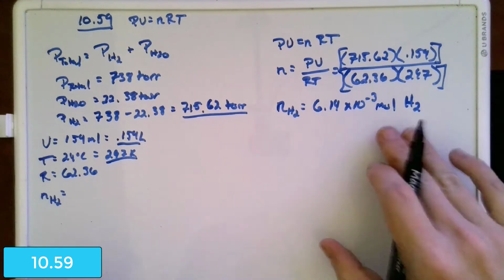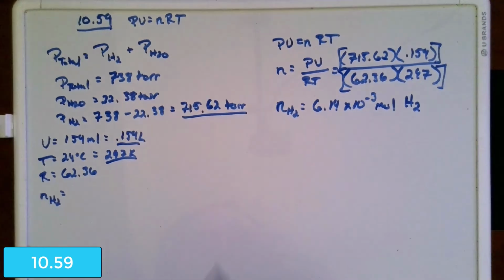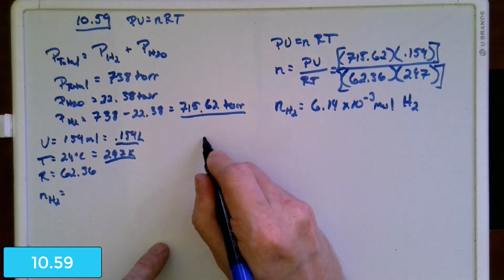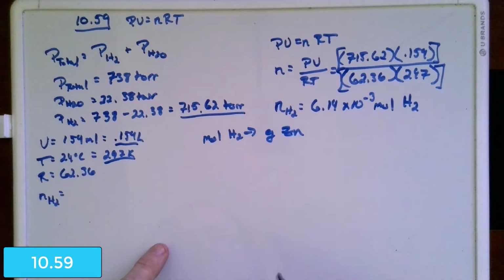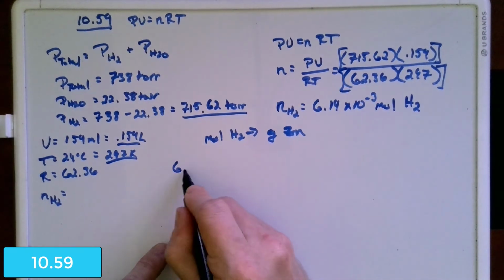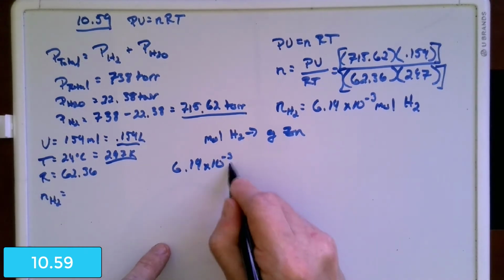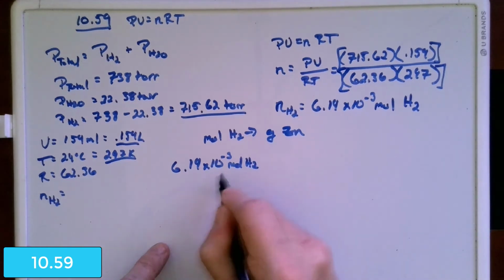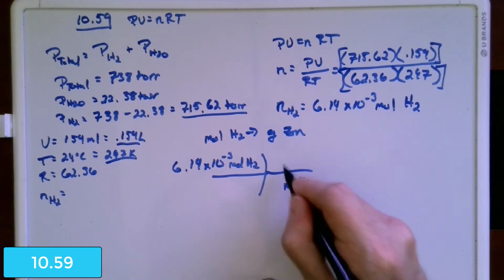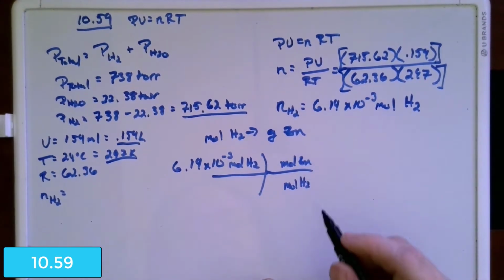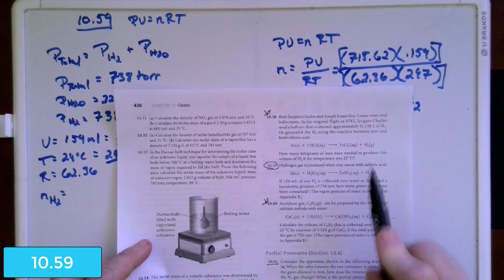Okay, great. Now I know the moles of hydrogen present. Well, let's use that and calculate the grams of zinc. This is regular stoichiometry. So we're going to take the moles of hydrogen and convert to grams of zinc. 6.14 times 10 to the negative 3 moles of hydrogen gas. First thing I will do is cancel moles of hydrogen and convert to moles of zinc. I'm going to use the balanced equation that was given to me. Here, 1 zinc to 1 hydrogen.